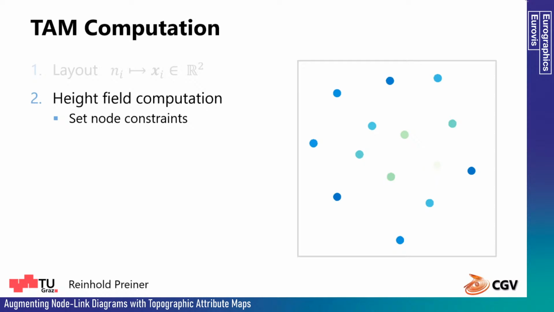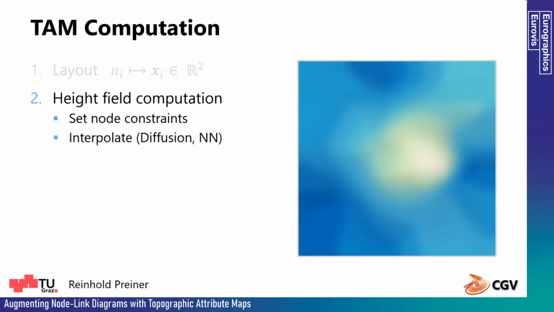And then, based on these initial constraints, the remaining image is filled using a particular scattered data interpolation technique. In our work, we have investigated two state-of-the-art techniques, hierarchical diffusion and natural neighbor interpolation. Both are valid options. They both produce a smooth height field that interpolates the attributes at the nodes. They only differ in the exact shape of the landscape they produce.